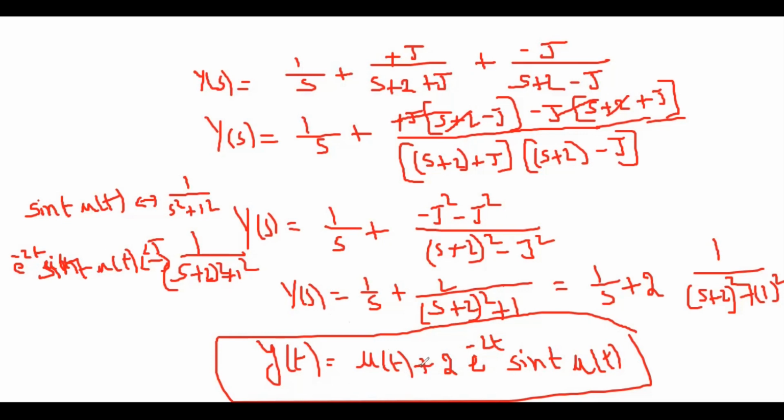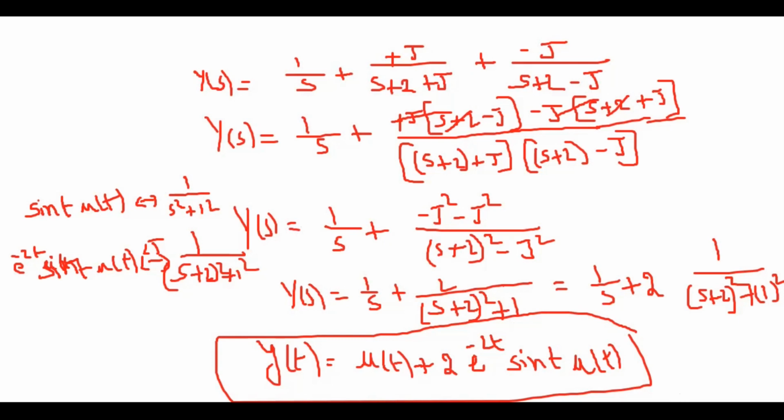If any differential equation is given like this, you can find first of all the Laplace transformation by applying the differentiation property. Then after, you can find the inverse Laplace transformation for the y of s value. Got it, my dear friends?